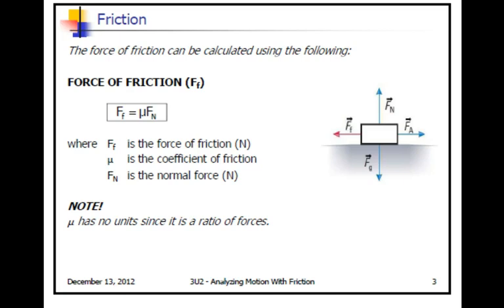And that coefficient of friction is a ratio of forces, so it is a unitless measure, but it is between 0 and 1, usually not including 0. So the coefficient of friction is some percentage of the normal force that we experience.